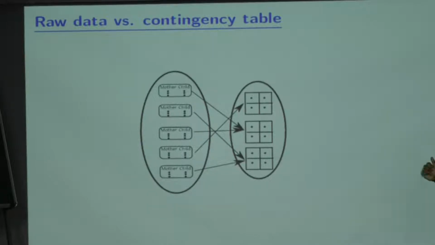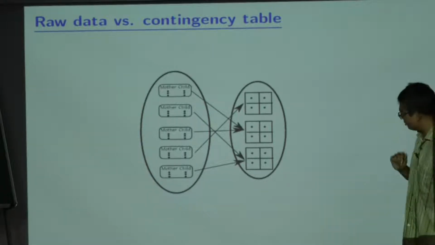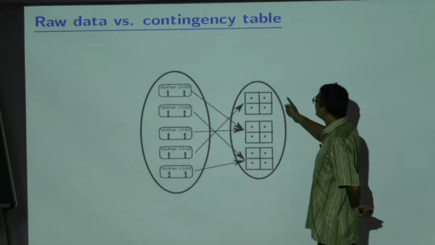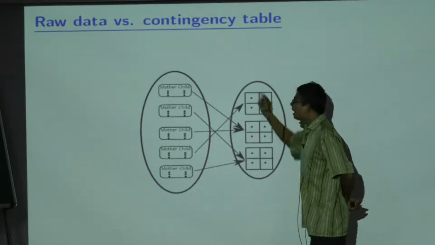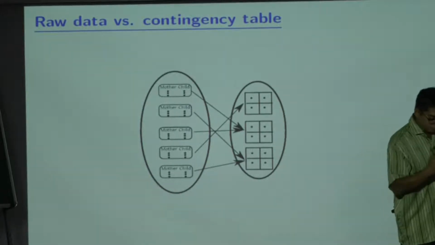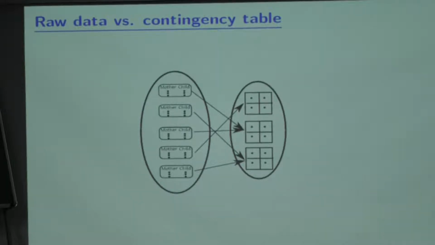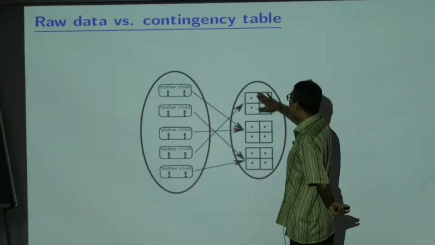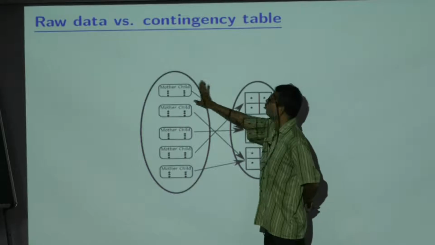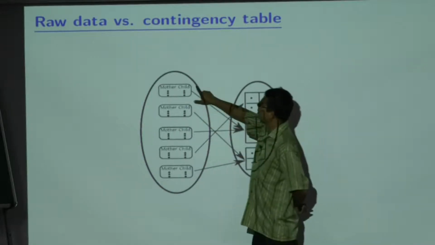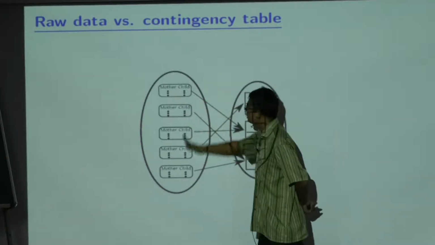So in this problem, what we did was the following. I had my 2 by 2 tables, and I wanted to generate a random 2 by 2 table under the assumption that there is no association. What I did in the randomization technique is I did not work with the 2 by 2 tables. I worked with the raw data. And the raw data means a table, mother, child, mother, child.